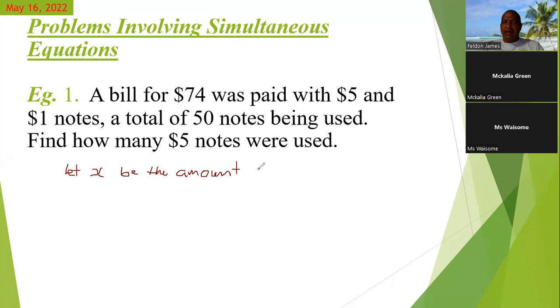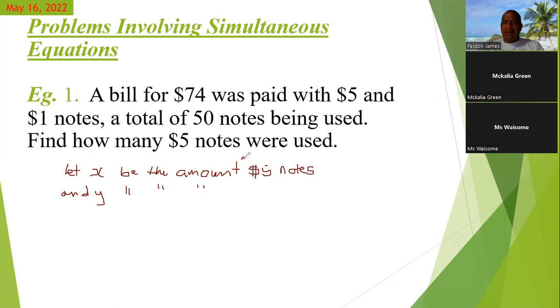So the amount of $5 notes. And of course, because the amount of $1 notes would be different, now you could say, and let Y, or you don't even have to say and let. You can just say and Y be the amount.